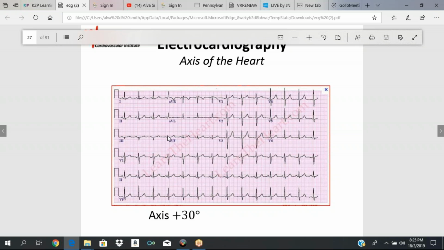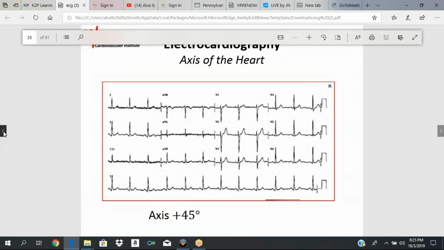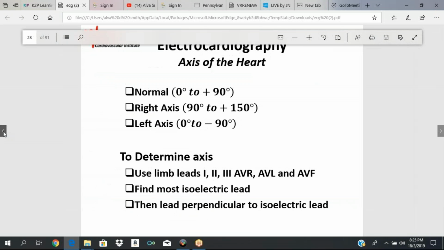When we look at all of them, negative equal to positive, so probably lead 3. If you think lead 3 is the most isoelectric, then which lead is perpendicular to lead 3? All right, let's go back. You have your cheat sheet and you look at lead 3.